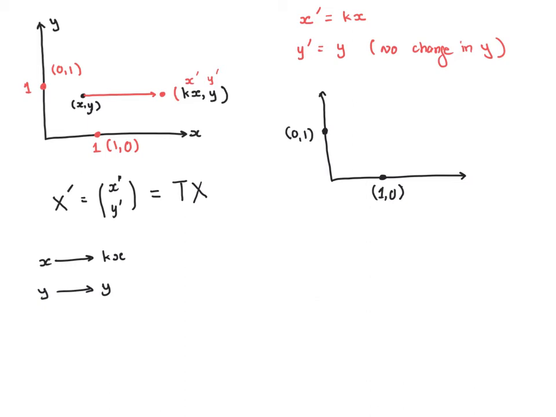The point under this transformation, this implies that the point (x, y) goes to (kx, y). So this is the rule.